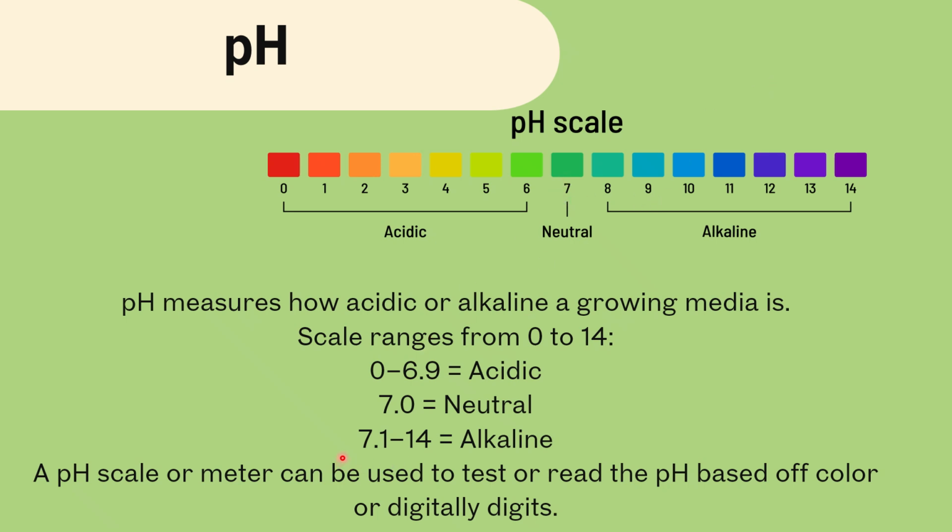And then alkaline is going to be 7.1 to 14. With the pH scale or meter, some people use a pH strip or they use a meter. It helps to test and read the pH based off the color or the digital number that is seen in front of you.